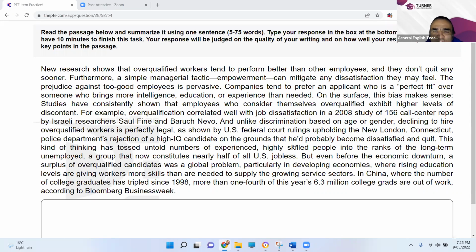And did you mention overqualified? No. Did you mention it? I didn't. The whole thing is about overqualified workers. So you need to mention that. Remember, like the shark, the nursing shark that was repeated 3, 4, 6 times.